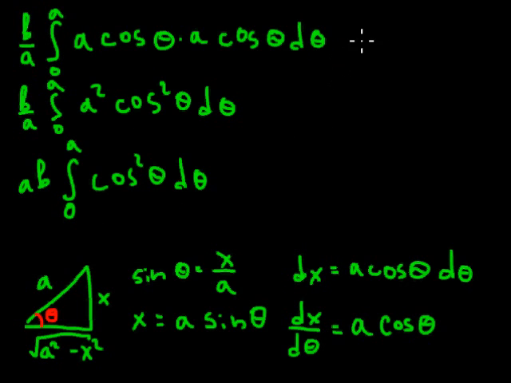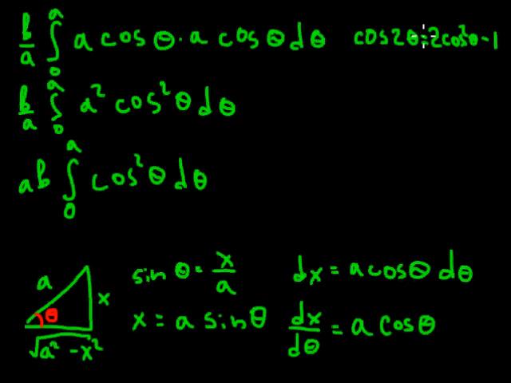Let me write it over here. cos 2 theta, this double angle, equals 2 cos squared theta minus 1.